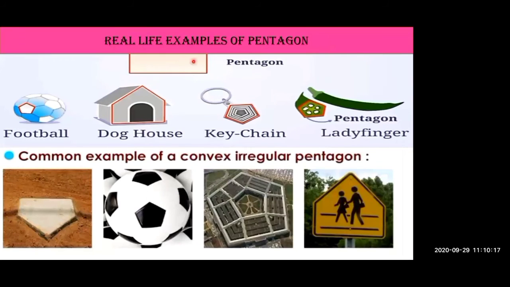Real life examples of pentagon. Football, dog house, keychain. And students, if we cut the lady finger, you can find the pentagon shape in that also. You can experiment in your home also. Cut the lady finger and see the shape of this pentagon.